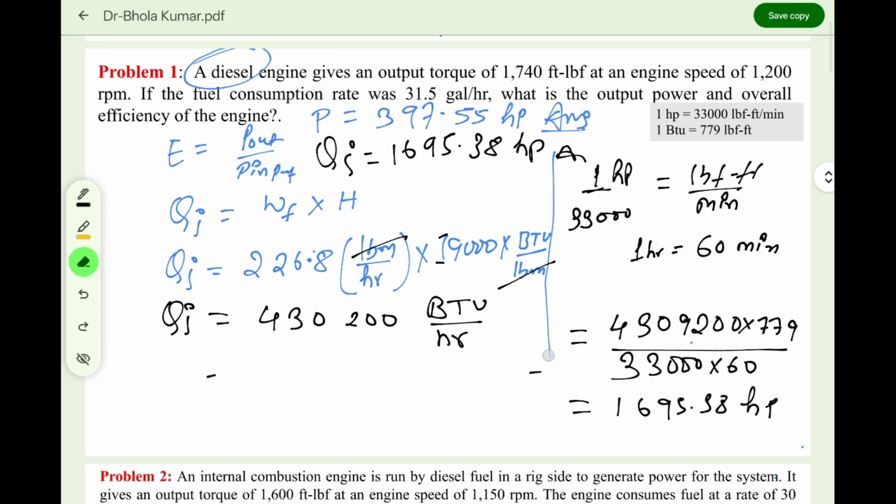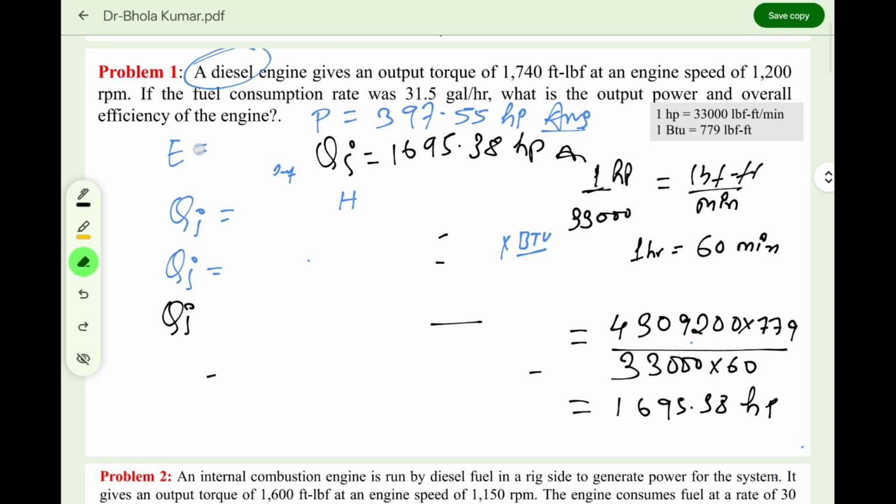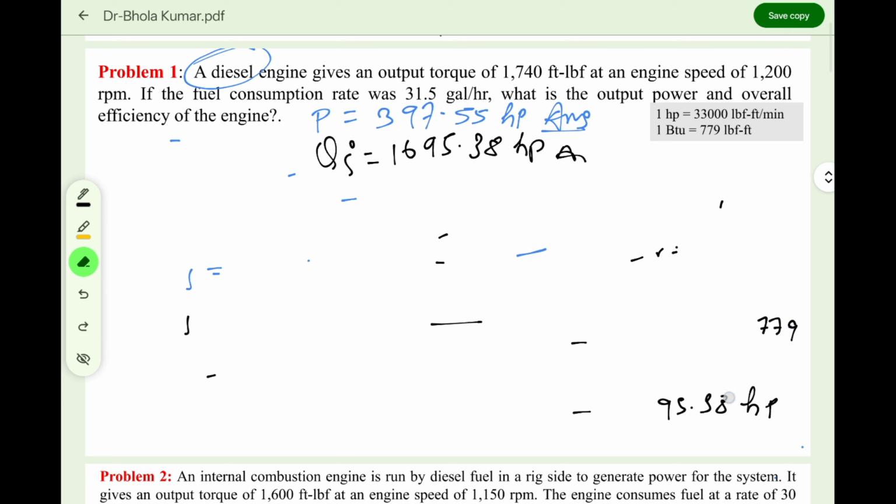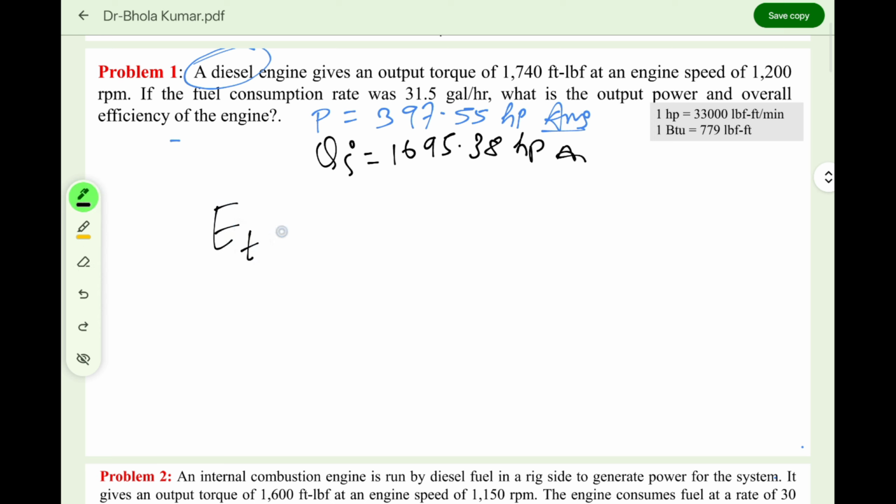Now what we need to calculate? We need to calculate ηt. ηt is efficiency.